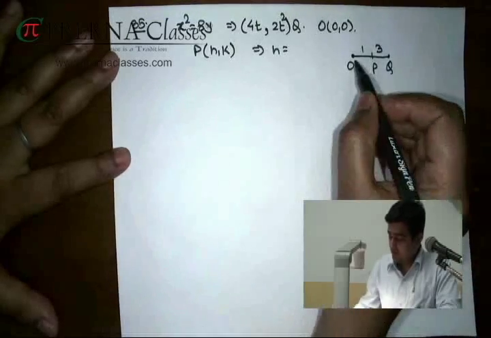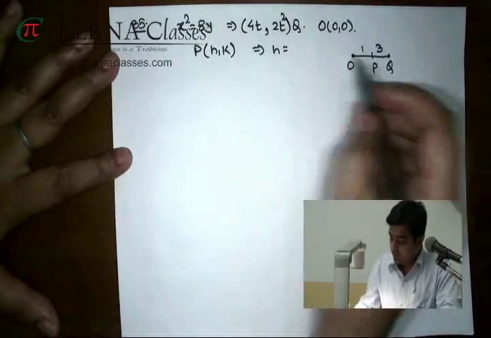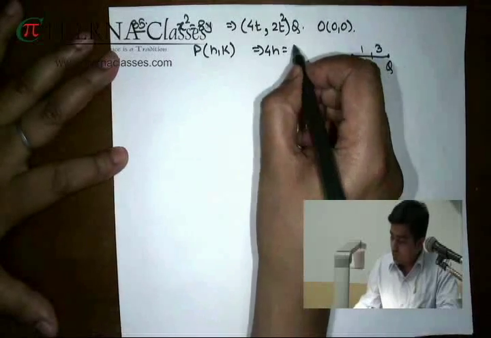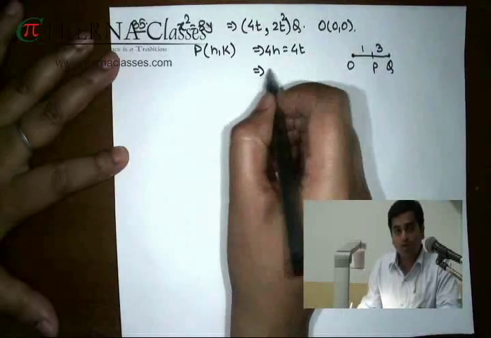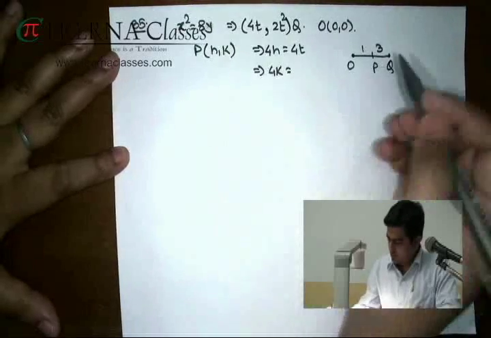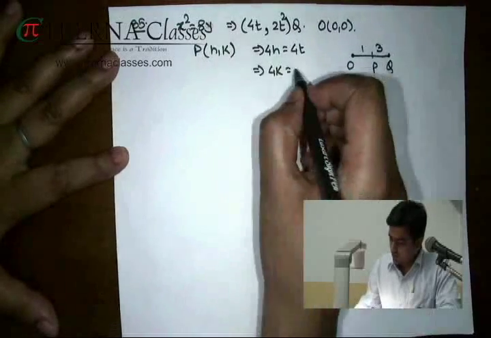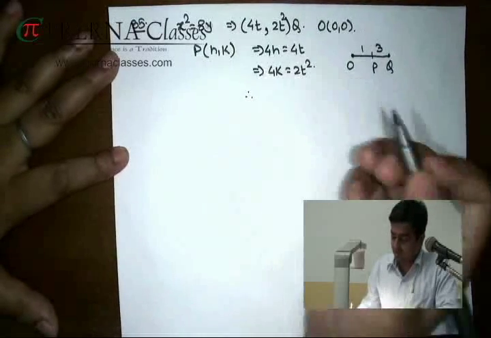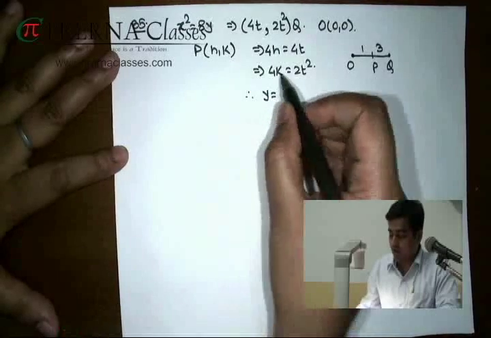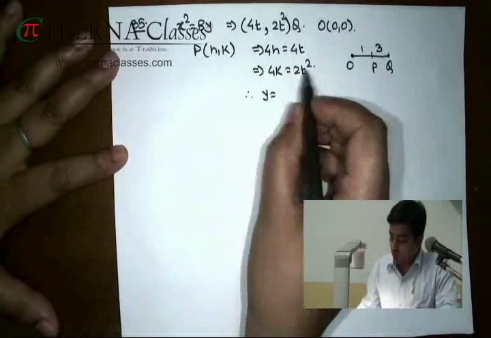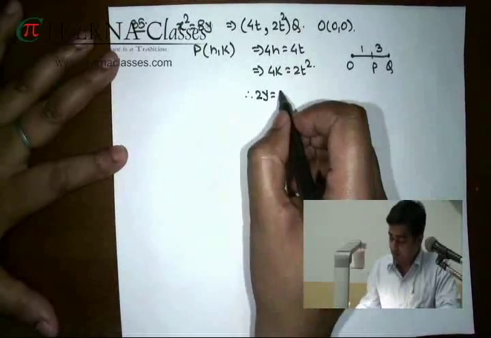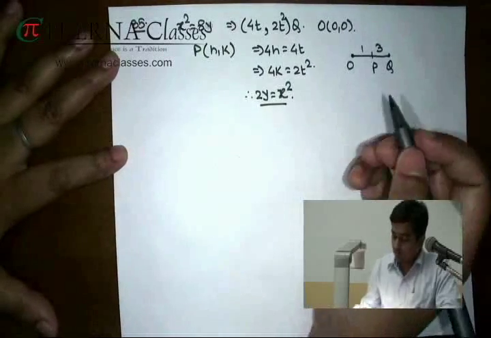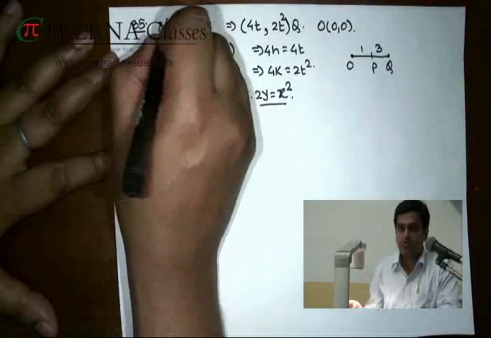So 4h is going to be equivalent to 4t, and 4k should be equal to 2t square. Eliminating t from these two equations, you can then check this, 2y becomes x square, which is matching with option 3. That is the required locus.